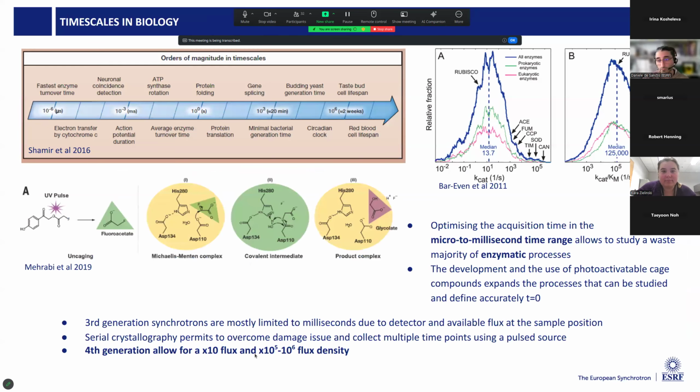By combining all this calculation, we ended up showing that achieving a time resolution in the microsecond range, so shorter exposures in the microsecond regime, was going to be a good strategy to sample reactions occurring from the microsecond to millisecond time range, which happens to be a very interesting time scale for the vast majority of enzymatic processes.